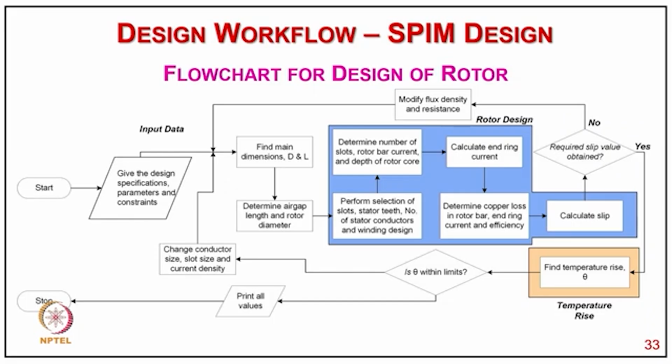If it is within the limit, fine; if it is not, modify the flux density and resistance. If yes, then find the temperature rise, and if theta is within limit, fine; if not, then change the conductor size, slot size and current density, or otherwise print the result.